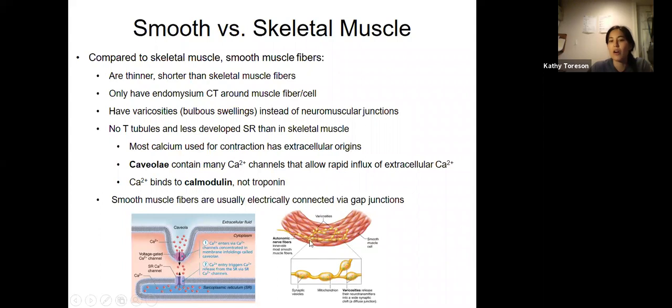This is part of our autonomic nervous system, and we're not going to go too far into this until we get to topic 5. I'm just pointing out the similarities between smooth and skeletal muscle in that we do have that junction or interplay between the nervous system and the muscle tissue. It's just a little bit different.